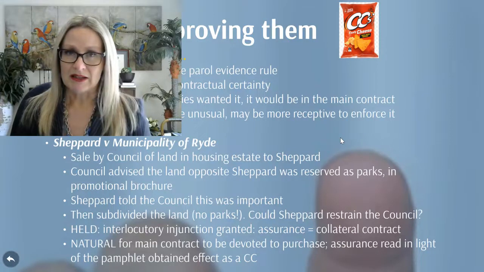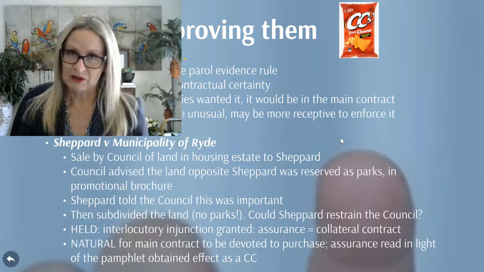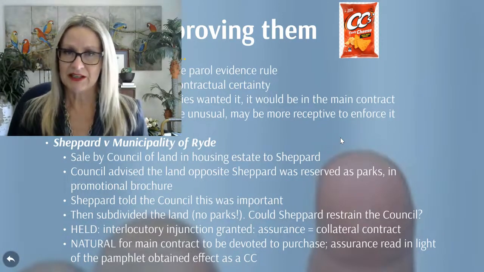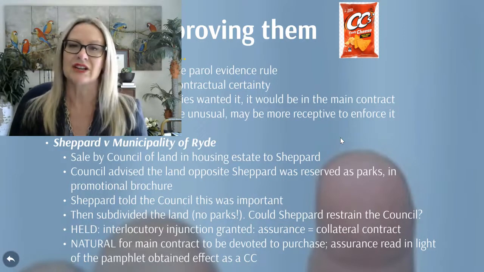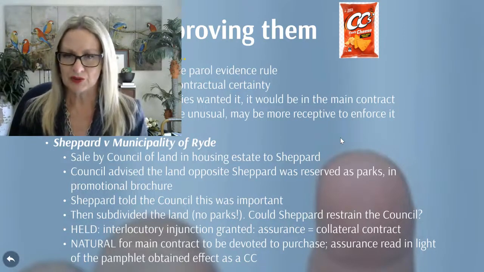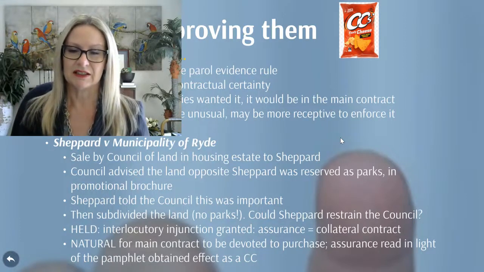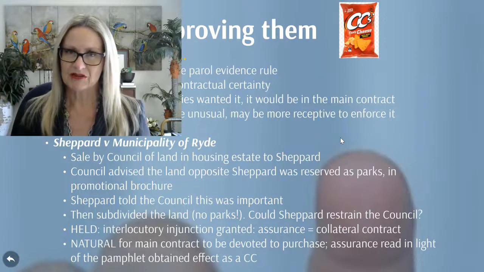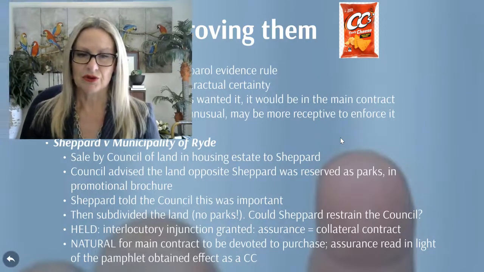And Shepherd won, okay. Reason being, because even though there was a sale and purchase agreement between him and the municipality, they said that this issue of whether or not the land adjacent was going to be reserved for parks was something a little more unusual, and it was certainly acceptable to show that the evidence, read in light of the pamphlet depicting the parks opposite, could operate as a collateral contract.